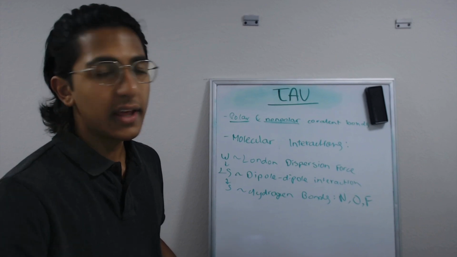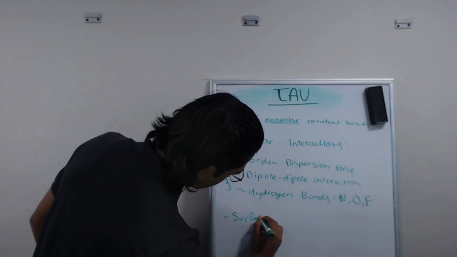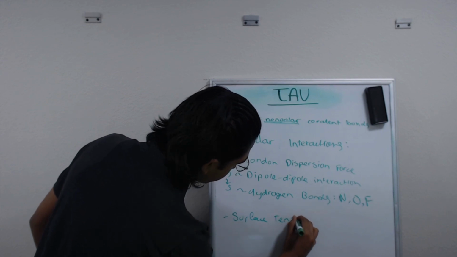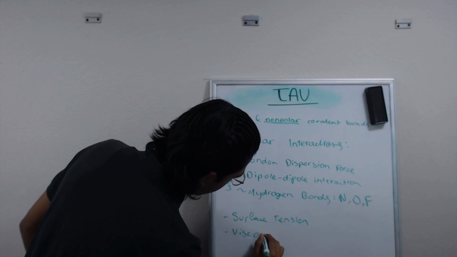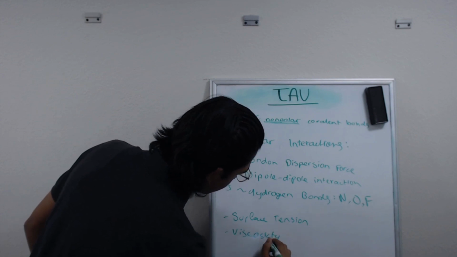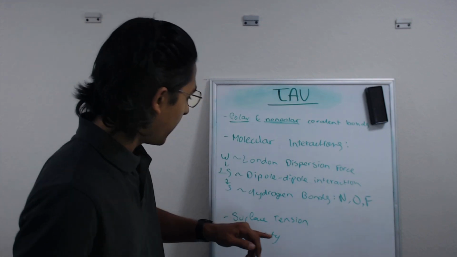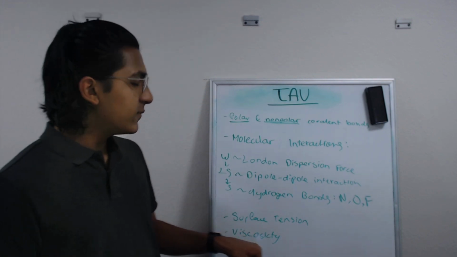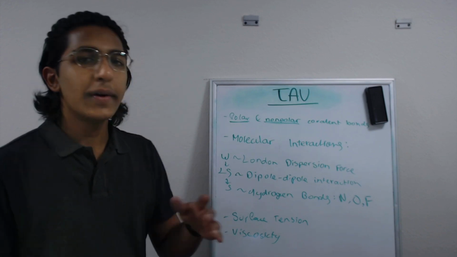There's another property called viscosity. So let's write that down. Surface tension, then viscosity. Not sure if that's how you spell it. You might want to check on that. But anyways, how viscous a substance is, right? What do I mean by that?